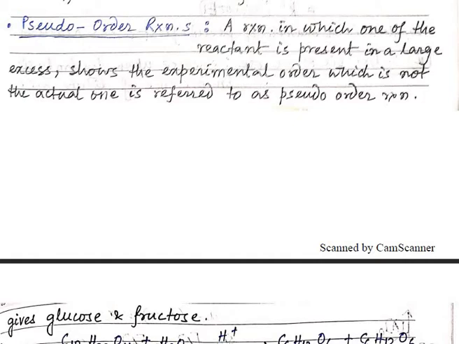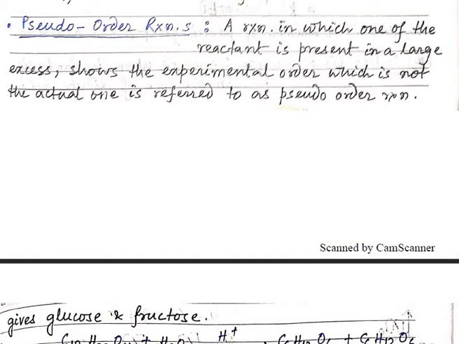You may think it should be second order, but after the experiment you see that this is a first order reaction. So this type of reaction, in which the experimental order and the calculated order are different from each other, is known as a pseudo-order reaction.